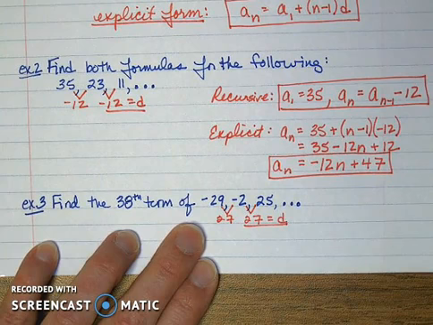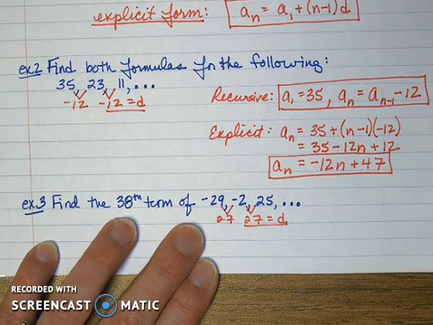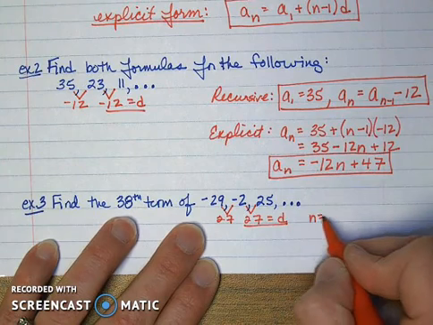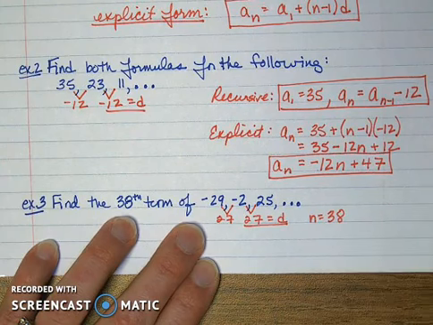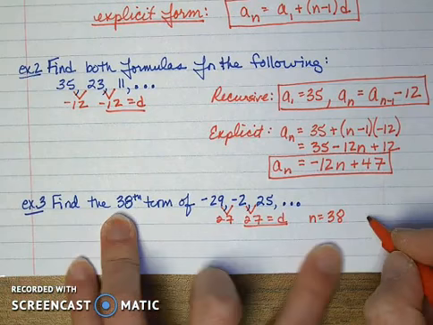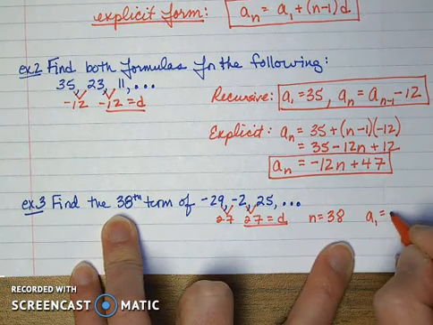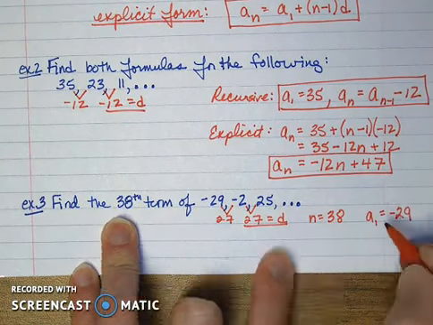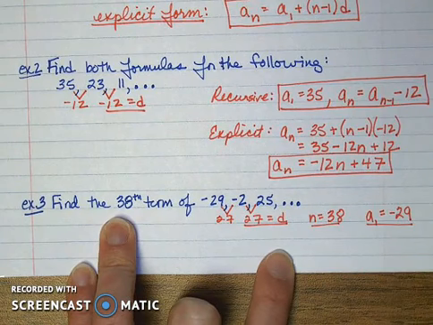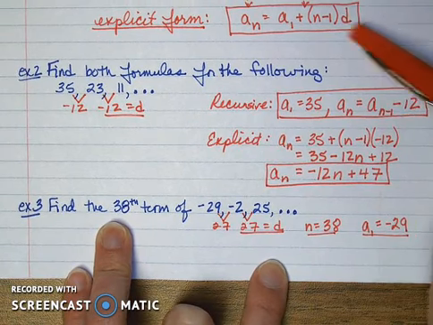Let's talk about what else we know. We know that we're going to let n equal 38, because I want the 38th term. I know the first term, that's negative 29. So here I have 3 out of the 4 parts to that equation that we talked about with the explicit formula.